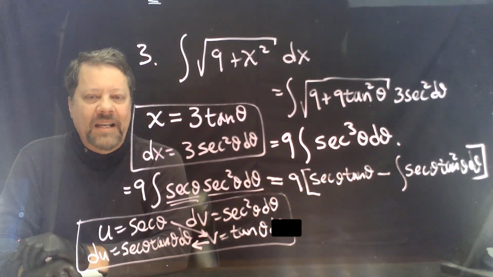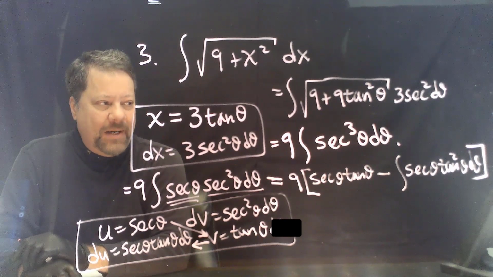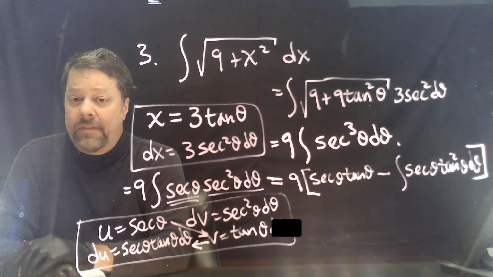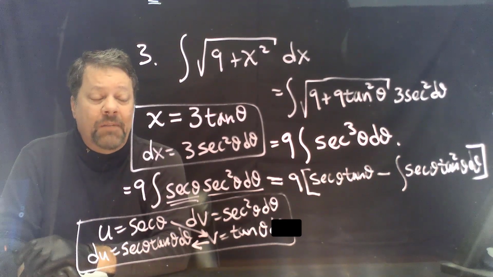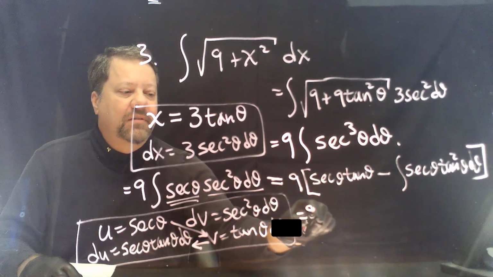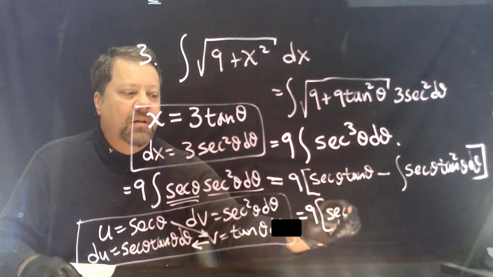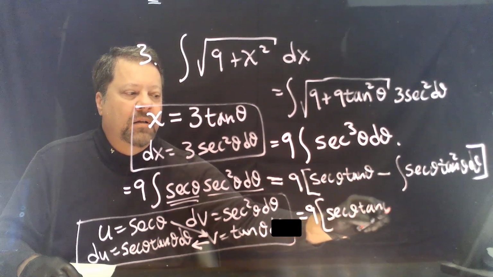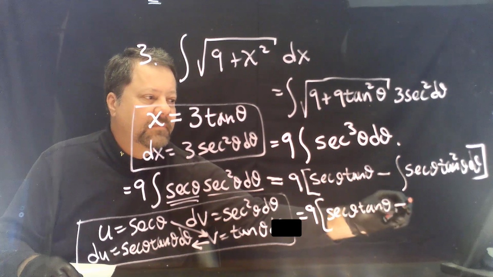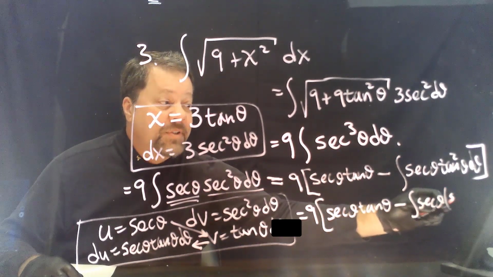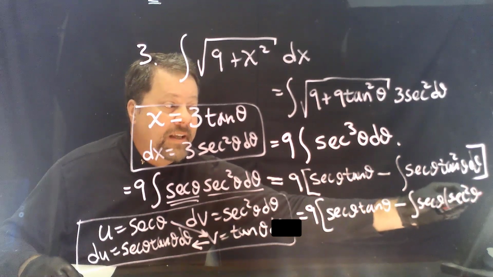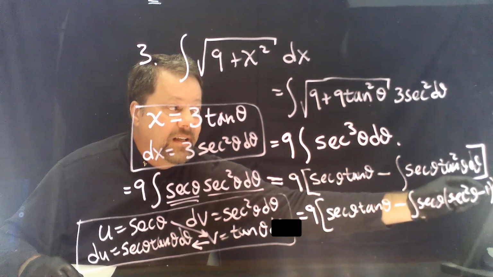Now, we need to replace tangent squared theta with something involving secant squared theta, according to the identity we wrote down a moment ago. That's secant theta times secant squared theta minus 1 d theta.